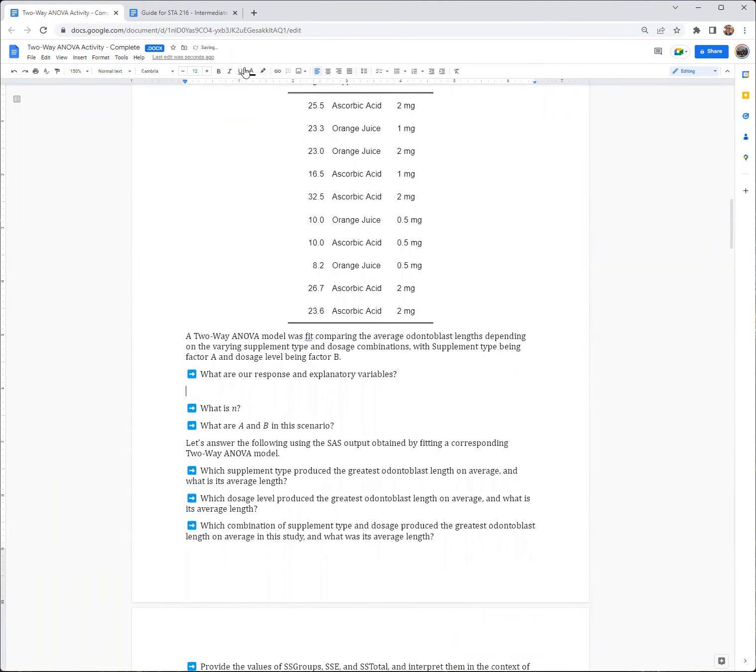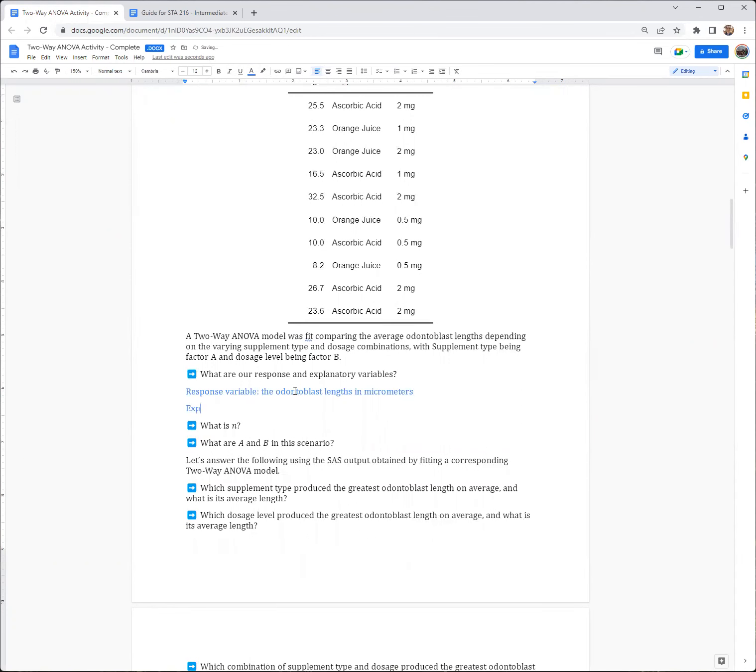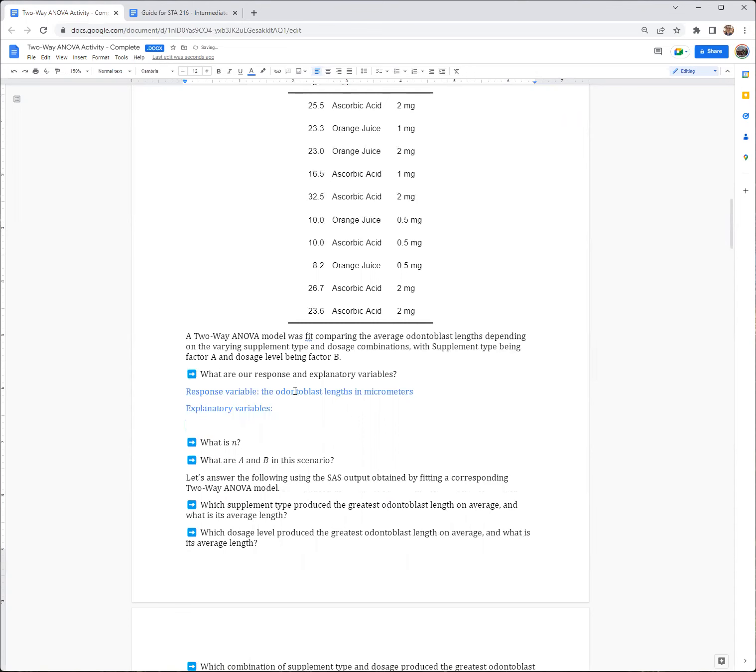So what are our response variable and explanatory variables in this case? I think I already mentioned this, but our response variable was the odontoblast lengths in micrometers. We had 2 explanatory variables.